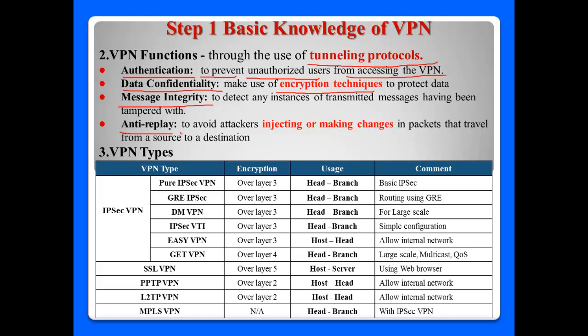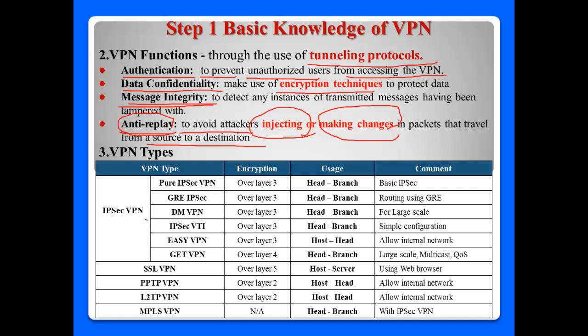Anti-replay features avoid attackers injecting or making changes in packets traveling from source to destination. So if we use the VPN, this kind of VPN service supplies these features: anti-replay, message integrity, data confidentiality, and authentication.